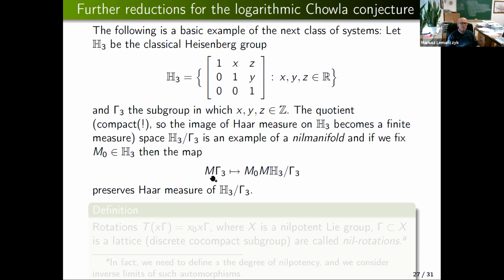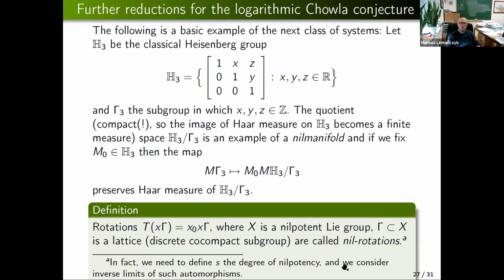We fix a certain matrix, and any of these cosets you just send to another coset, and this of course preserves Haar measure. In general, we should consider nilpotent groups, and then lattices in such a group, and then the corresponding quotient spaces, and consider nil-rotations. In fact, it's more complicated, but this picture is just an introduction to see the basic objects which we are studying here.